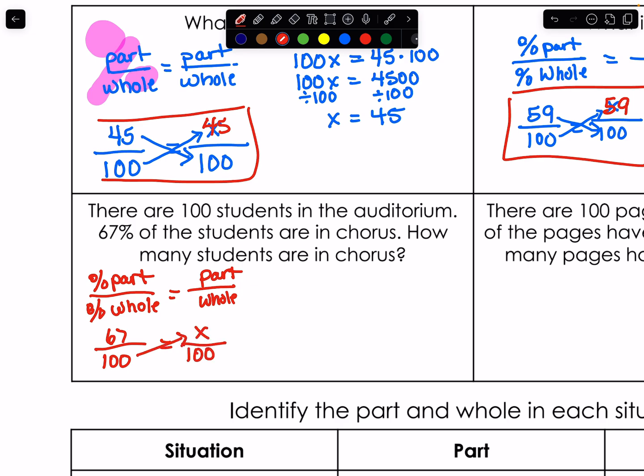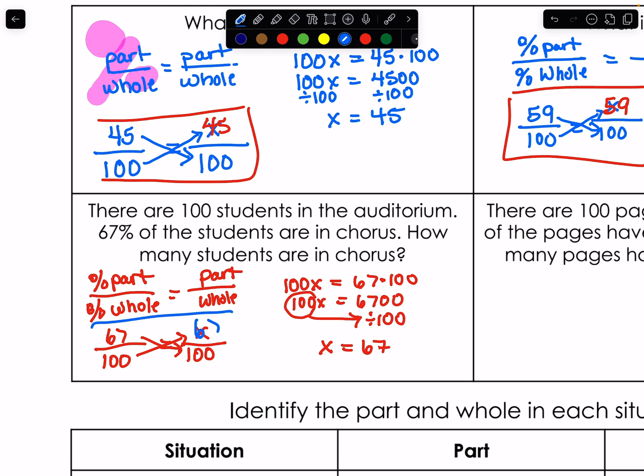We're still going to cross multiply. 100 goes with x, and 67 goes with 100. Our next step is to multiply, and we're going to bring down that 100x because we can't do anything with it. Our last step is to divide by the 100 so that the variable x is by itself, and we still get 67. So we are still seeing equivalent ratios.